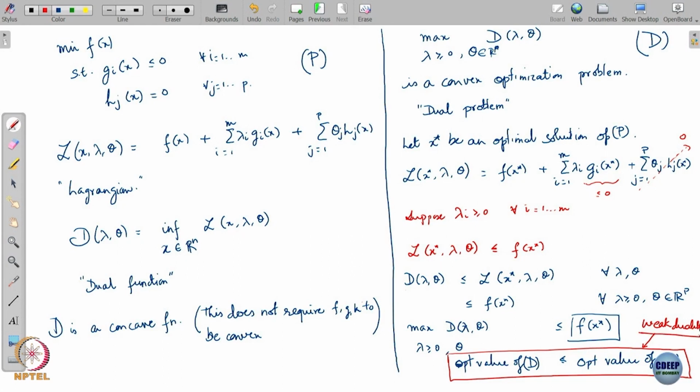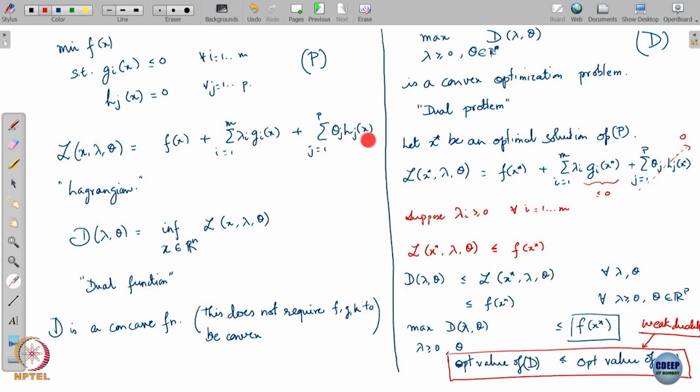So, what does this mean? To summarize, you can take any optimization problem like this, you write its Lagrangian. The Lagrangian is formed by taking the objective and a linear combination of the constraints. Then for the constraints that are inequality constraints, you restrict the Lagrange multipliers to be greater than or equal to 0.